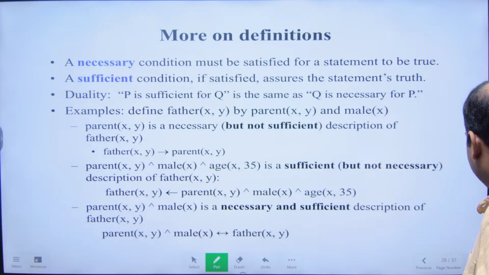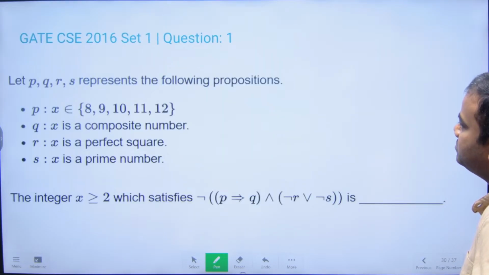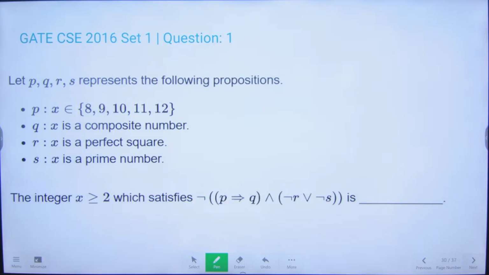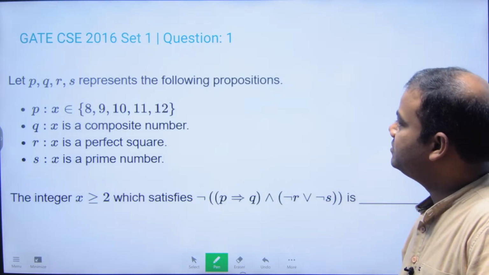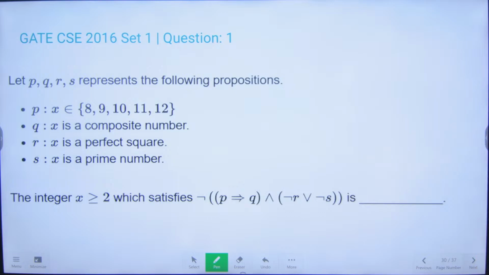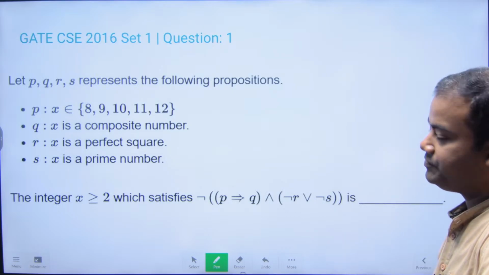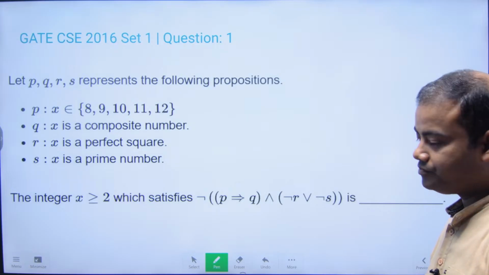Okay, now it is better to go to some question. Can you solve this? So this is a GATE question.